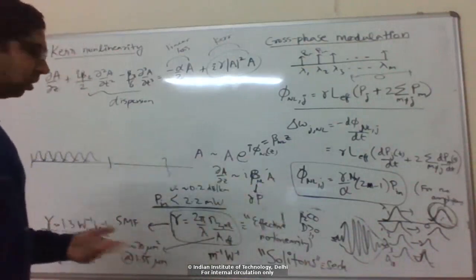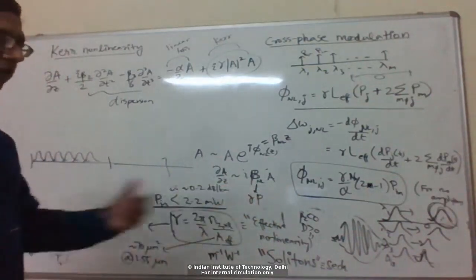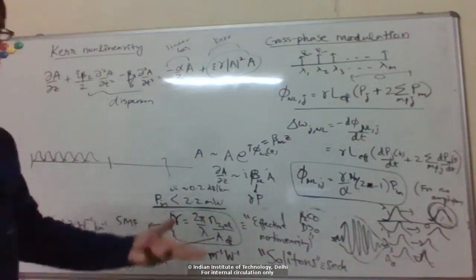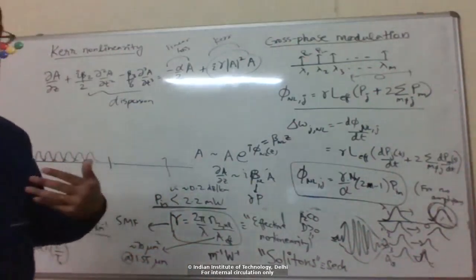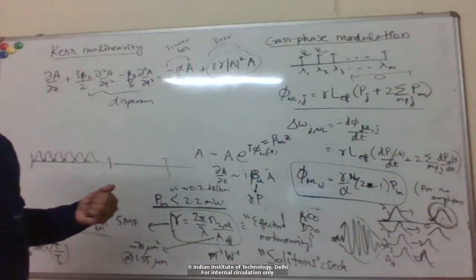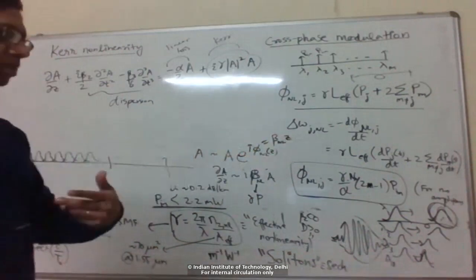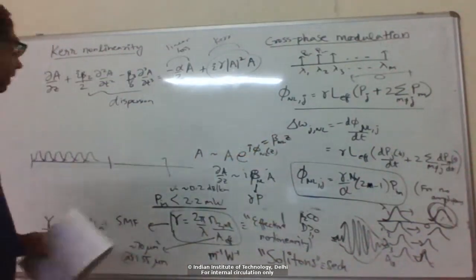For example, for each video channel you only need, let's say, 100 megabit per second, but here we have 40 gigabit per second on each wavelength channel. So basically we can send multiple video channels together on the same wavelength channel.